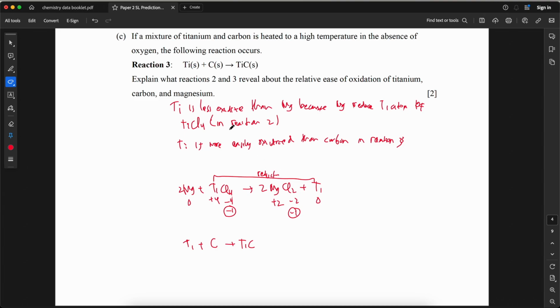So Mg is oxidation. That's why Ti is less oxidized than Mg, because Mg reduced Ti atom of TiCl4. It's being reduced, right, for Ti. And now for Ti and C, this Ti is 0, C 0, C would be -4 and Ti plus 4. So Ti oxidation, carbon reduction. That's why Ti is more easily oxidized than carbon in reaction 3.